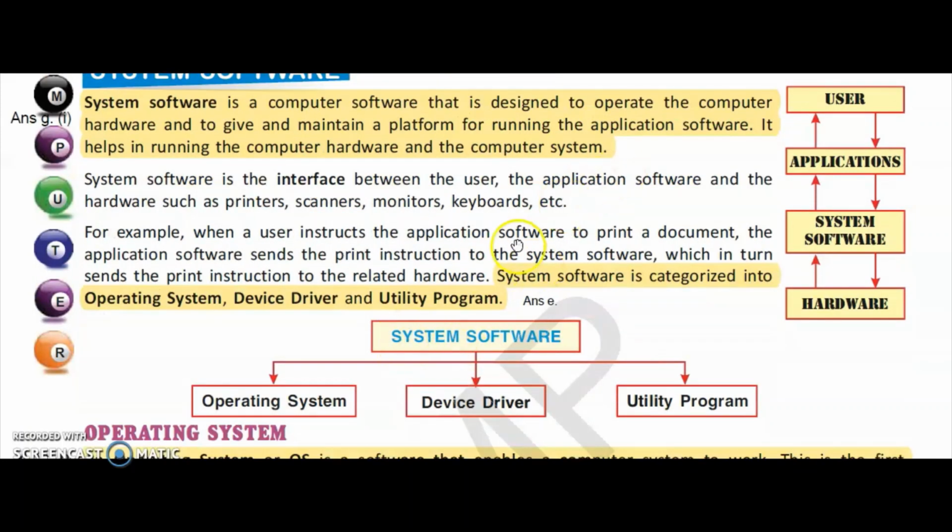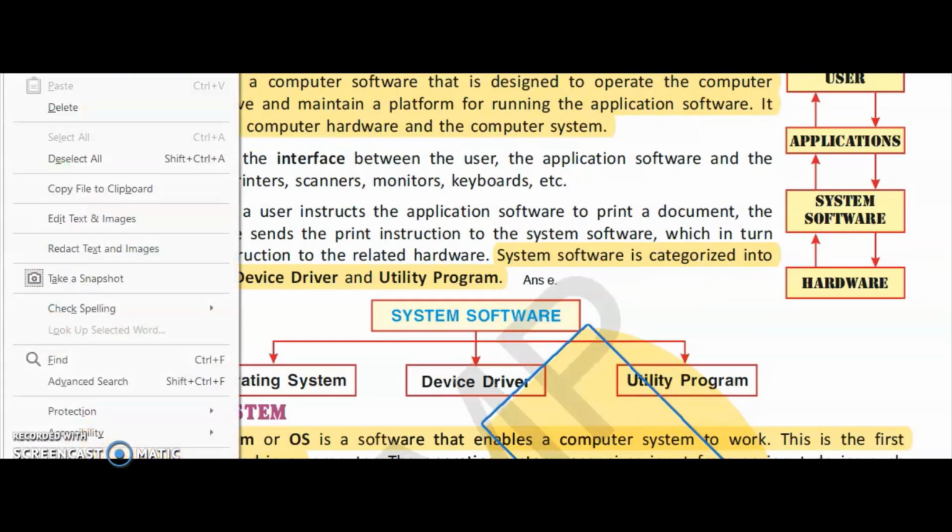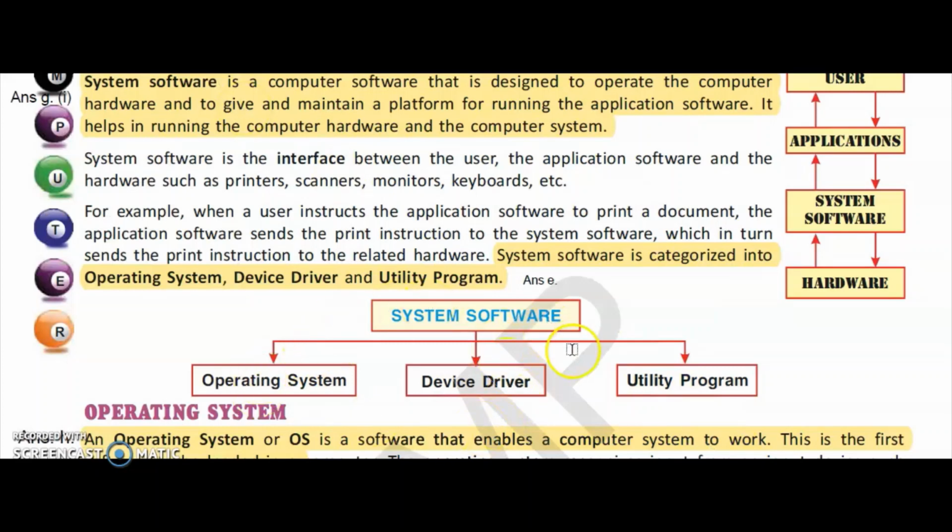And you can also draw this flowchart. I'm not able to select this, so just draw this flowchart. System software, which can be divided into operating system, device driver and utility program. So it will be easier to understand.